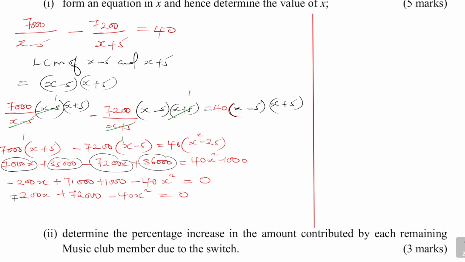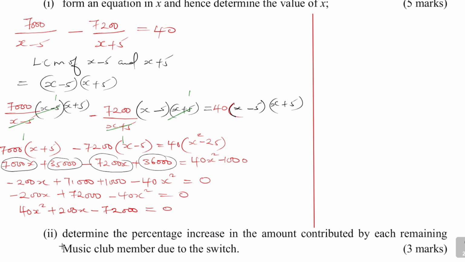So I will multiply each value by negative 1, so that I can get rid of these negatives here. You shall have now 40x squared plus 200x minus 72,000 is equal to 0.